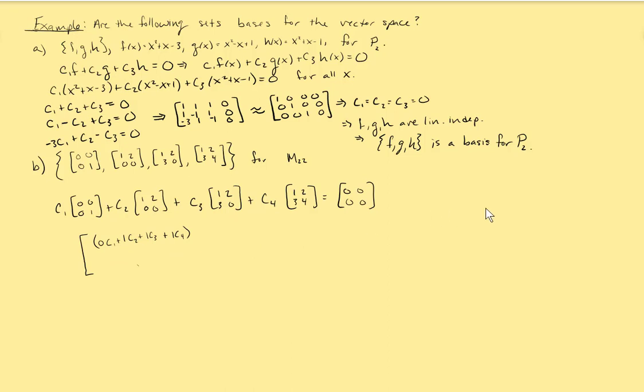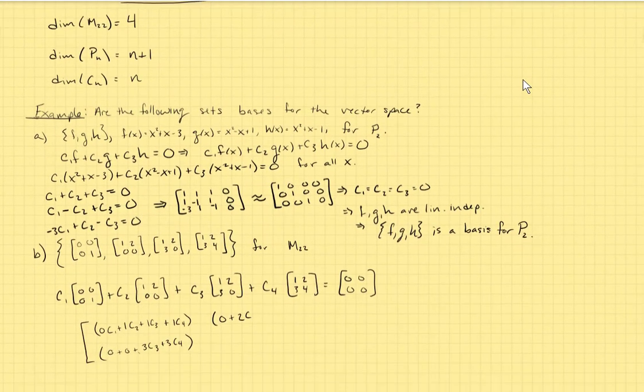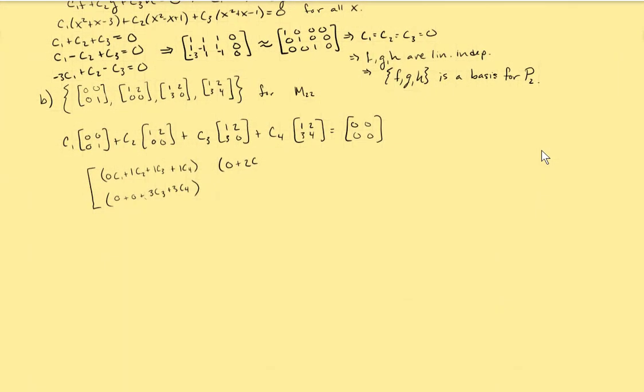Here it looks like I'll get 0 plus 0 plus 3C3 plus 3C4. Up here, it looks like I'm going to end up with 0 plus 2C2 plus 2C3 plus 2C4.